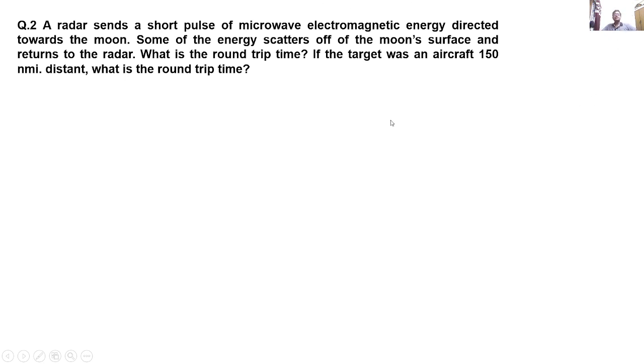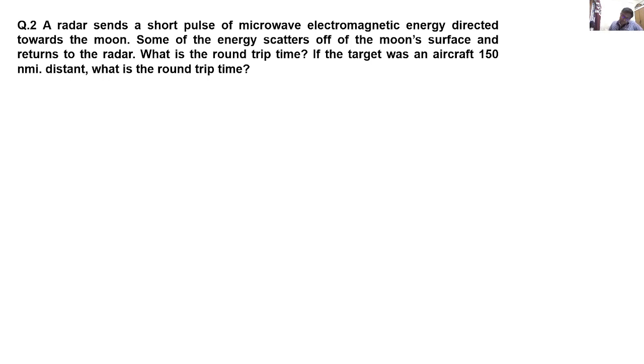A radar sends a short pulse of microwave electromagnetic energy directed towards the moon. Some of the energy scatters off the moon's surface and returns to the radar. What is the round trip time? If the target was an aircraft 150 nautical miles distant, what is the round trip time? Okay, so it's again a very similar question, right?